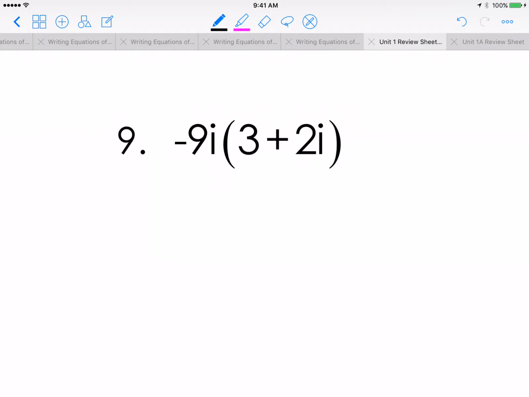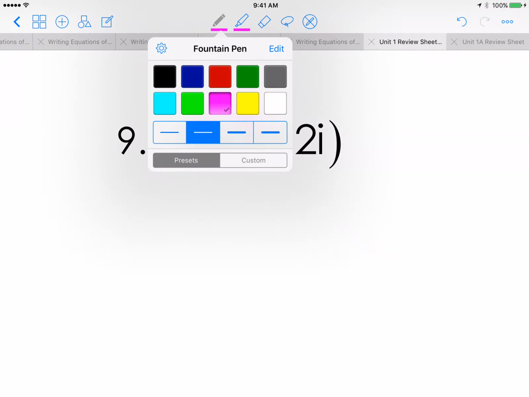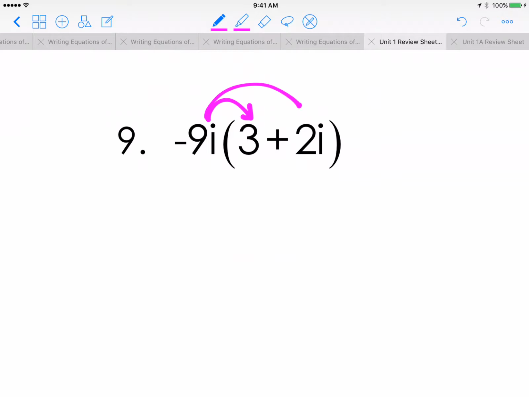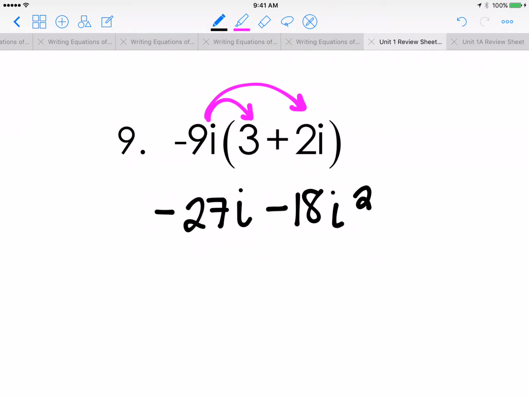Okay, 9. Distribute. So we get negative 27i minus 18i squared.